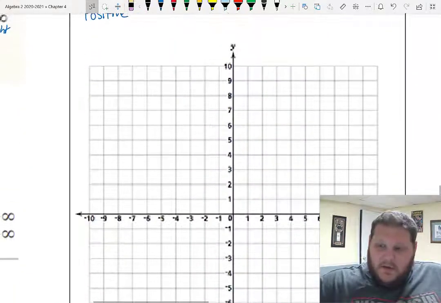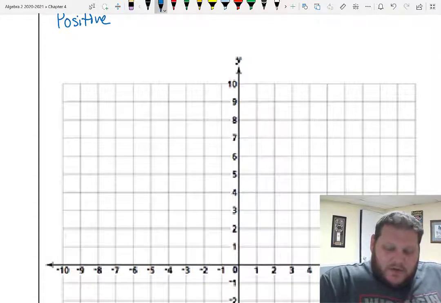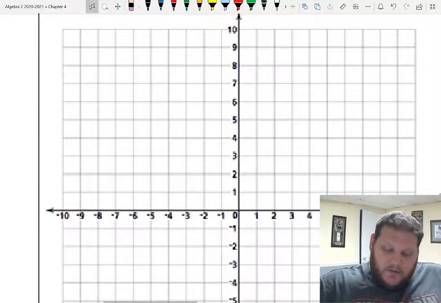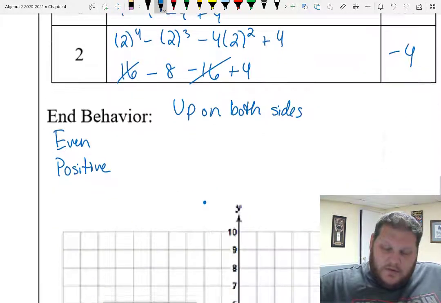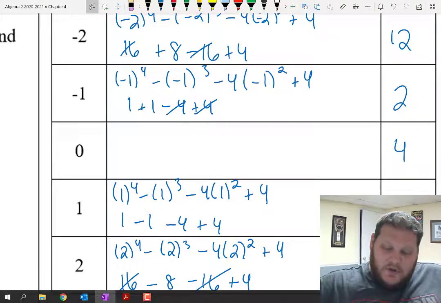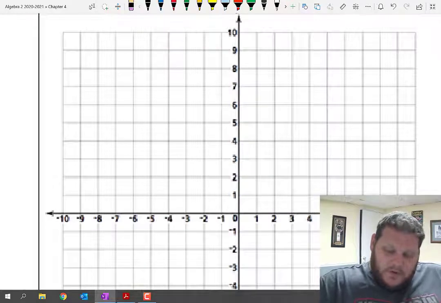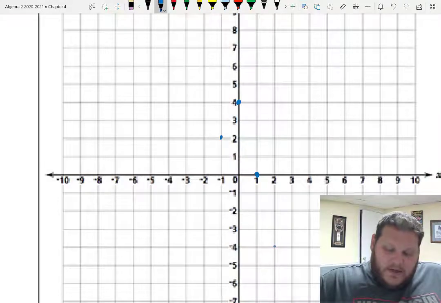So it was negative, I am just off my graph here. Poor planning, Mr. Barons. So -2 was positive 12. We'll just approximate it right there. And then we've got -1, 2, 0, 4, 1 was 0, and then 2 was -4.